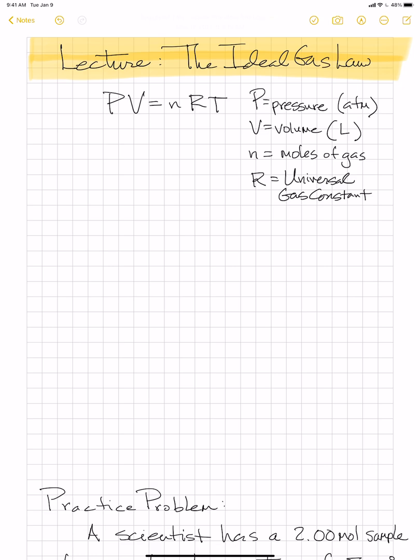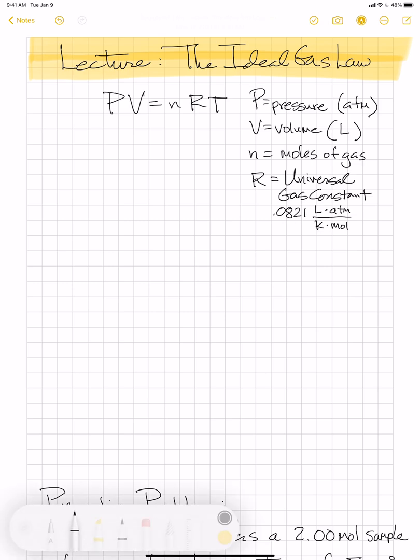Well, we have that for gases too, and it's called the universal gas constant, and it is the following value, 0.0821. Here's the units, liter atmospheres per Kelvin mole.